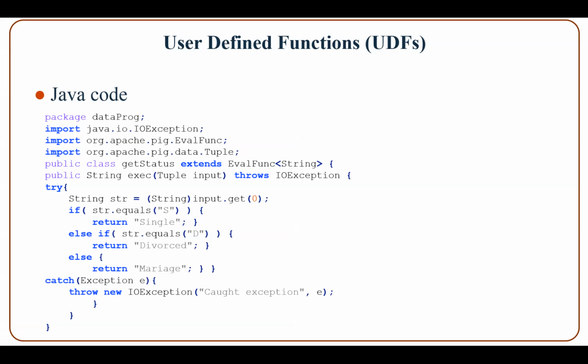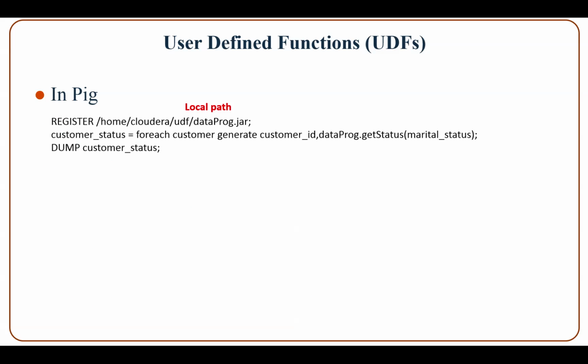If the input string is S, then it returns a more complete string, namely single, and if the input string is D, then it returns divorced, and if the input string is M, or actually any other case, it returns marriage.